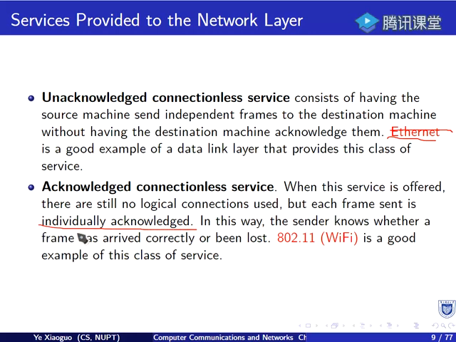Each frame has its sequence number, and the sequence numbers are different from each other. In this way, the sender knows whether a frame has arrived correctly or been lost.